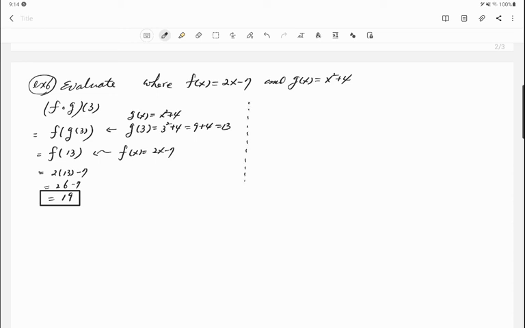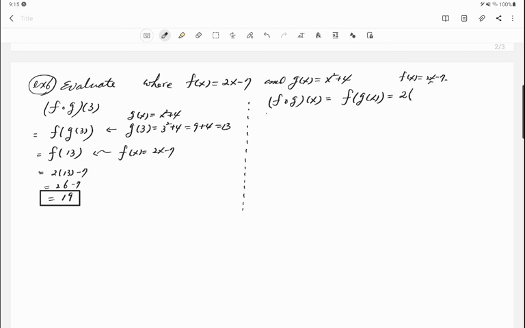There's another method. Let's find out f circle g of x first. This one is equal to what? f of g of x, right? Here, f of x is 2x minus 7, right? So we're going to replace this x with g of x.